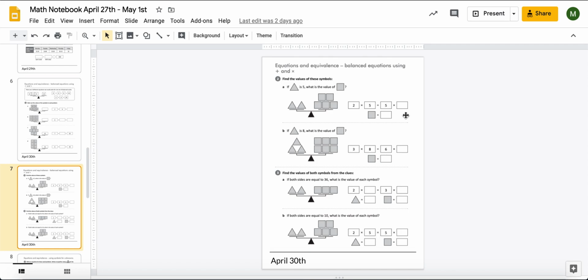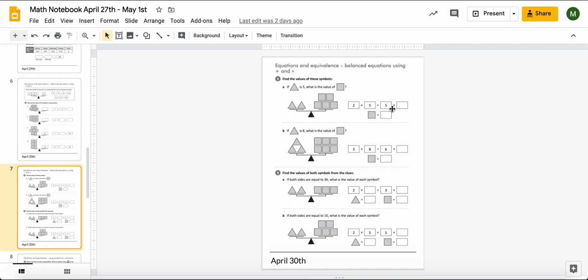So the way that we can figure out how much each of the squares is worth is we can figure out how much we have on this side. So take a second to figure out how much we have on this side, right? We have 10. 5 times 2 is 10. Now that means that we also need 10 on this side.